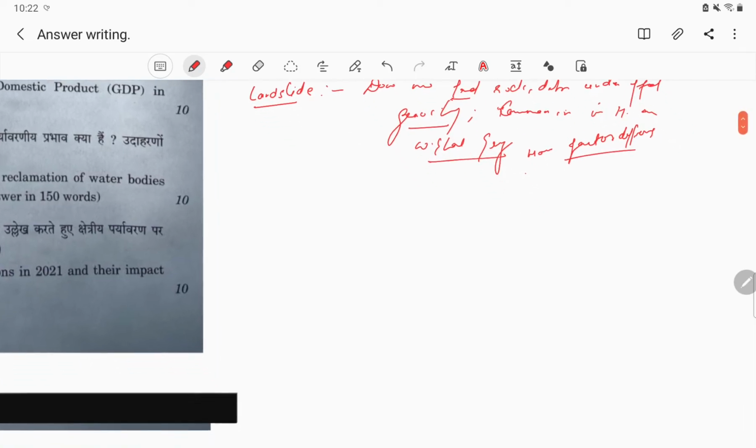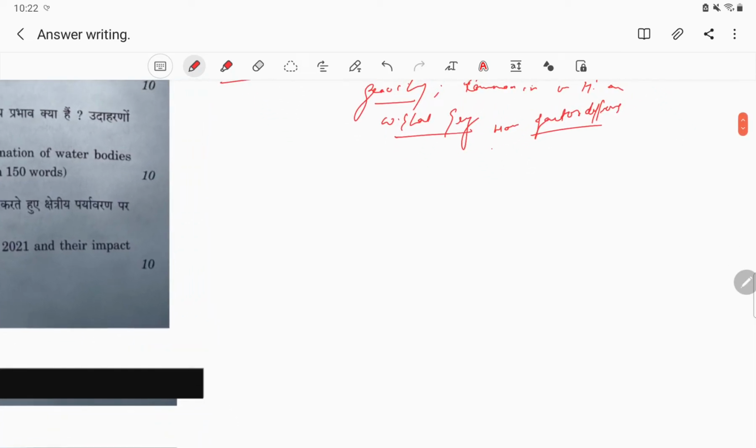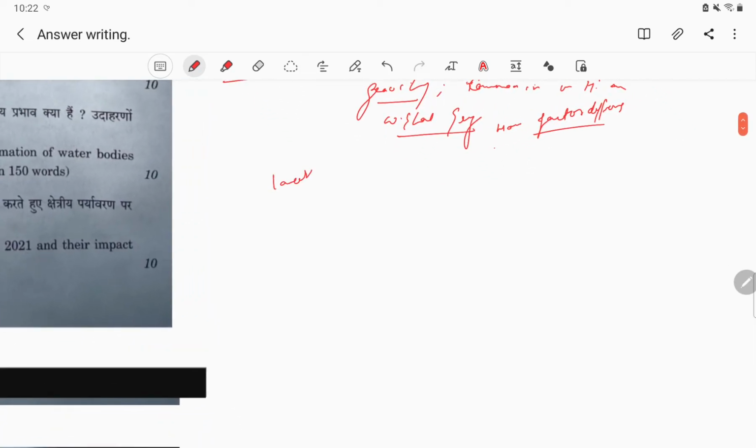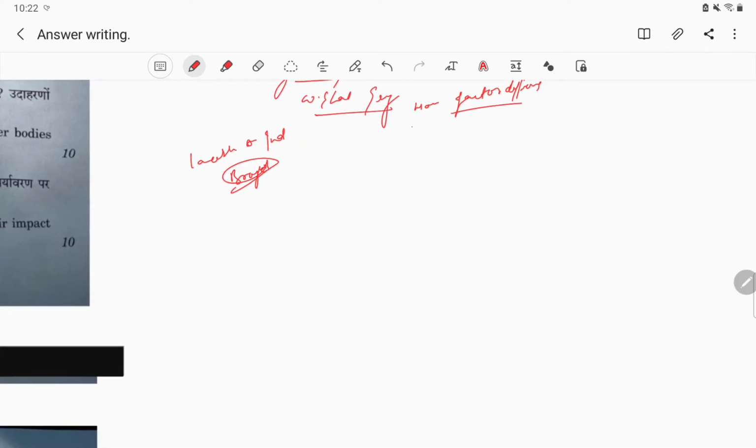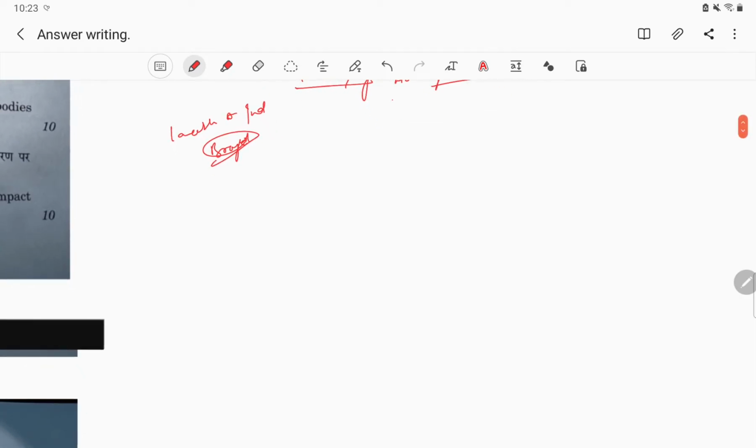After writing that much, if you have a map on landslides on India, a broad map, then you should note down here, because these are some of the different points or diagrams which will fetch you good marks.